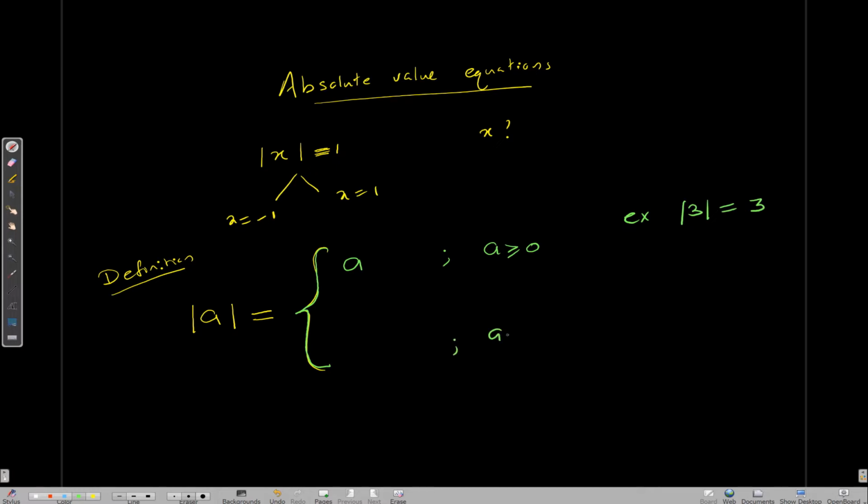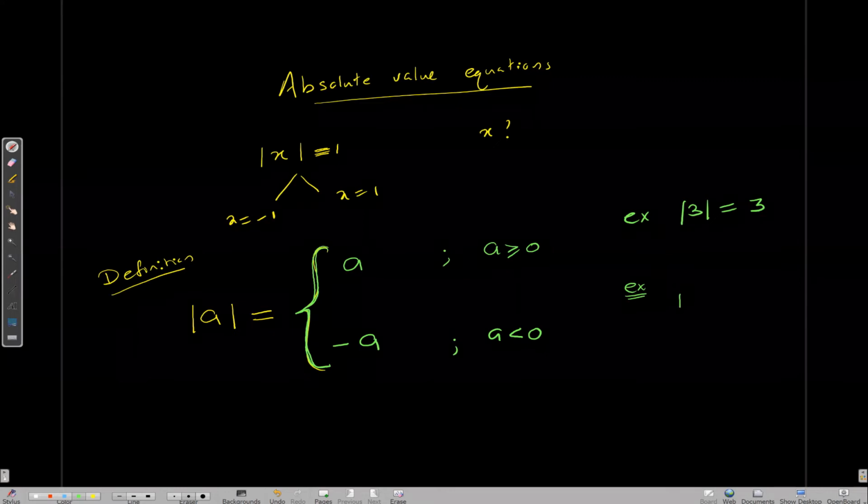If a is negative, now pause the video and think about this. Okay, if a is negative, it's negative a. Now if you have not seen this at first, it may be a little complicated, but let's see an example. In mathematics, sometimes the best way is to look at examples.